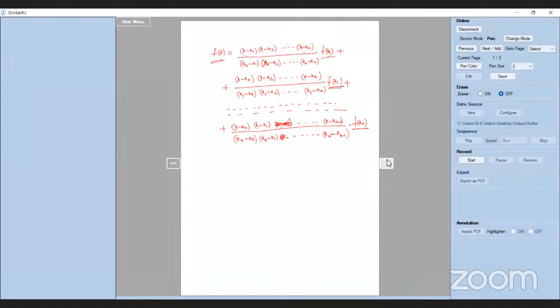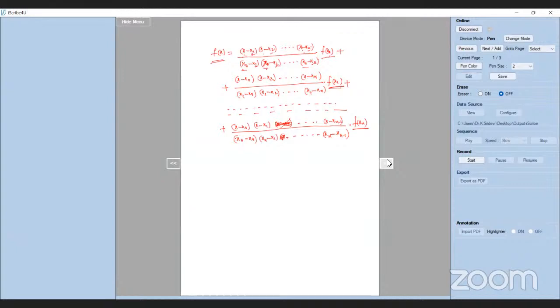Only the remaining values x1, x2, and so on, xn come. In the denominator, x0 will come, with x1, x2, xn similarly.